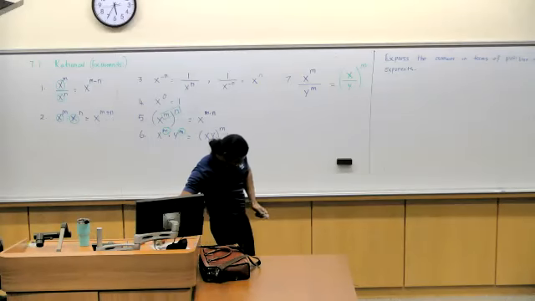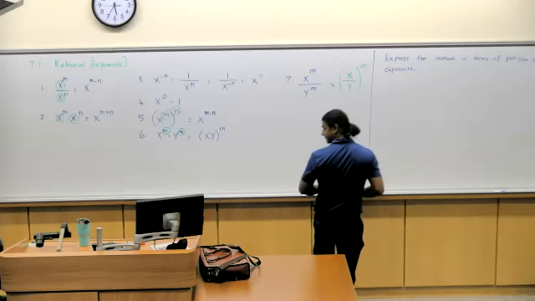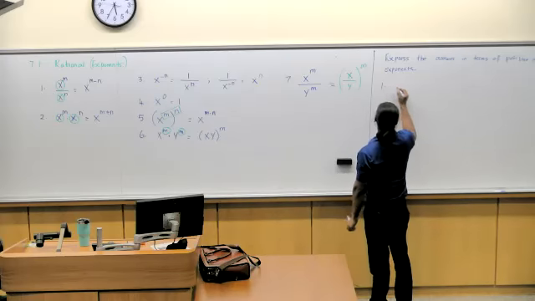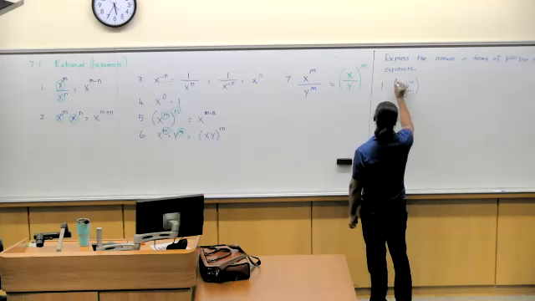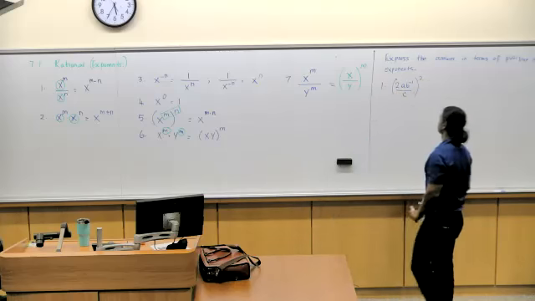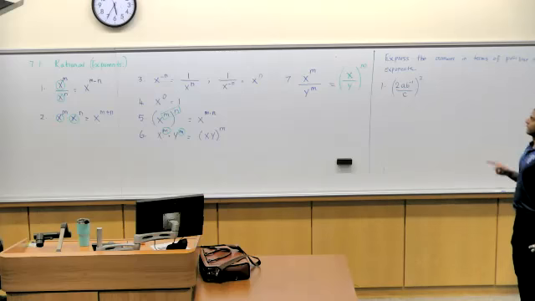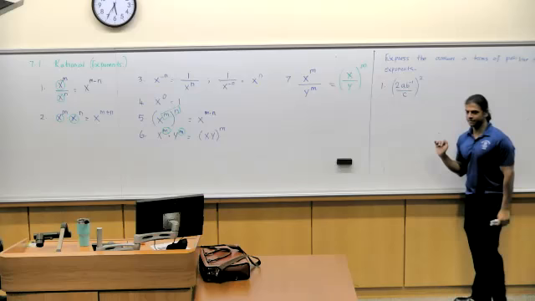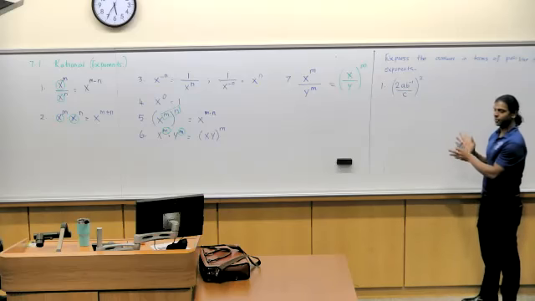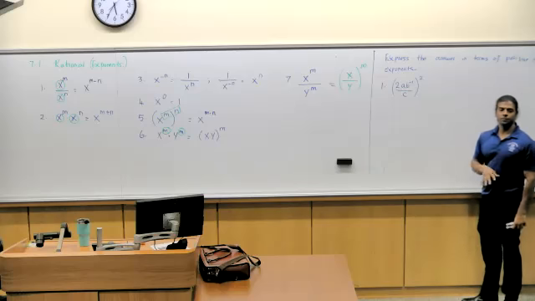So what is my first problem? So (2ab^-1 / c)^2.